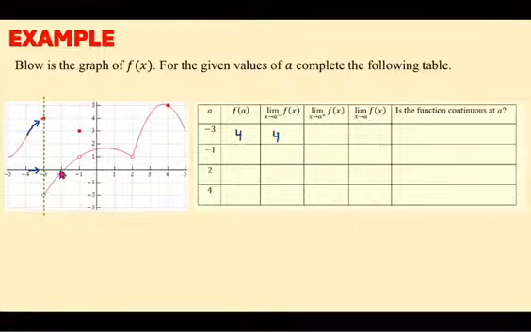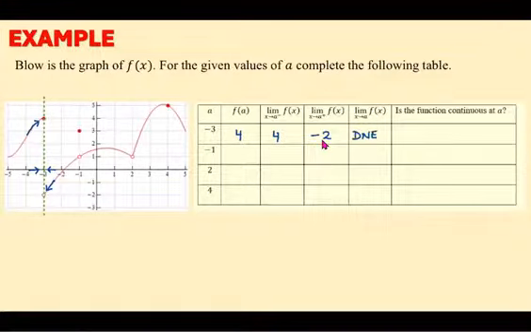Now let's look at the right-hand limit. If we go from the right towards -3, from this side, you'll see that the graph is going in that direction, down there, whose corresponding value is -2. So the left-hand limit is 4 and the right-hand limit is -2. The meaning of that is the left-hand limit and right-hand limit are not equal, so the function is not continuous.